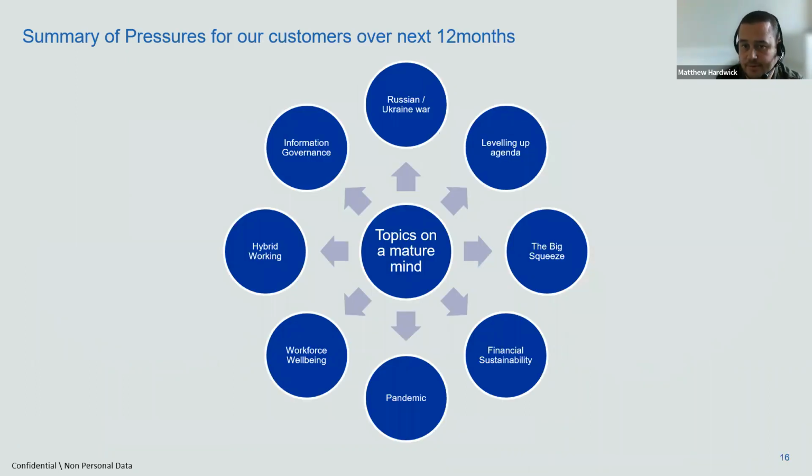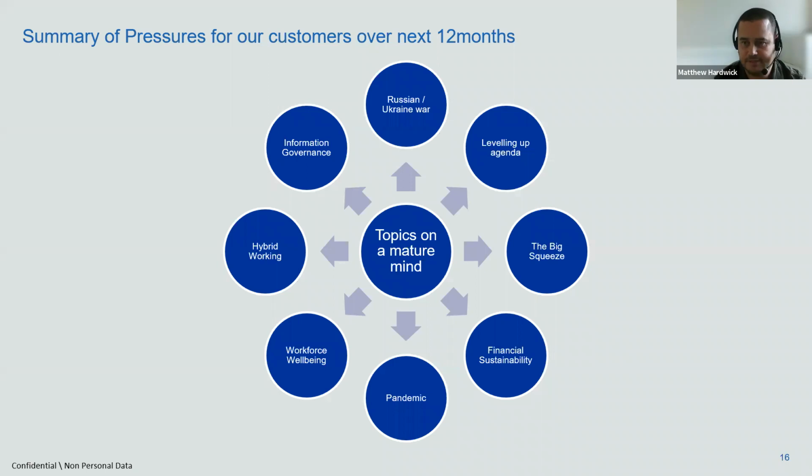I started to then think about what I think the next 12 months look like for organizations within the third sector. These are areas that I think are likely to be on people's minds. I've put this as topics on a maturity scale.